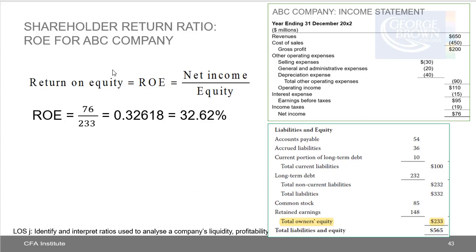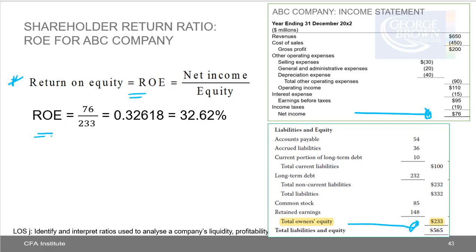So now we're moving on to shareholder return. And the formula that we have here is return on equity, okay? And the ratio is net income divided by equity. Net income we get from the income statement, and equity we get from the balance sheet, okay?